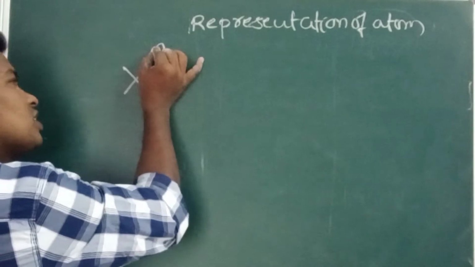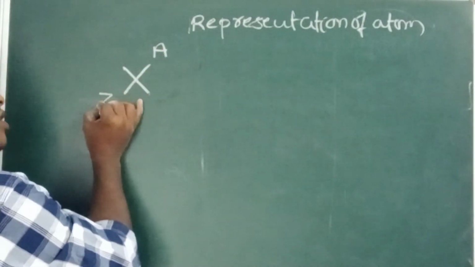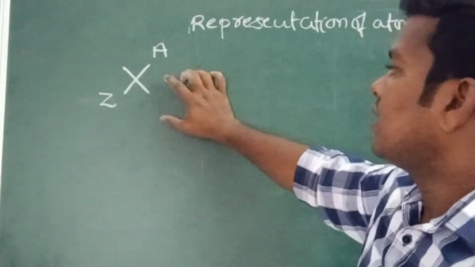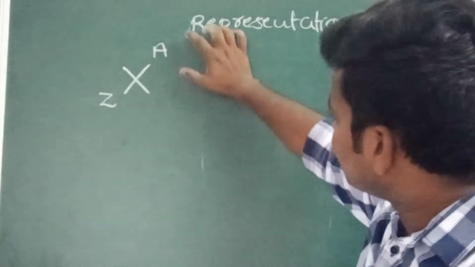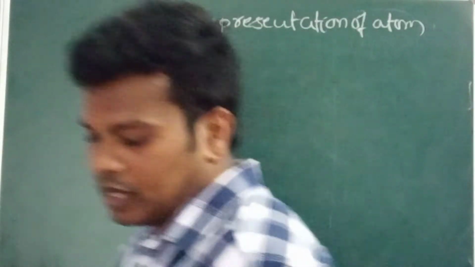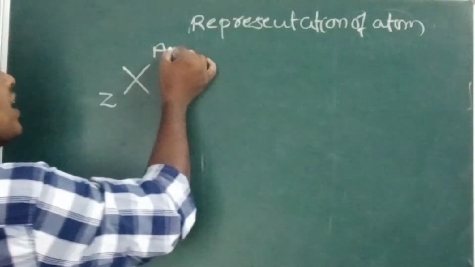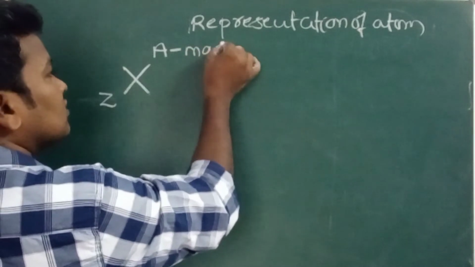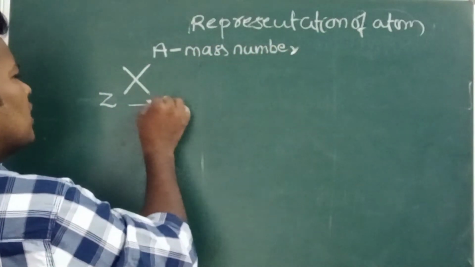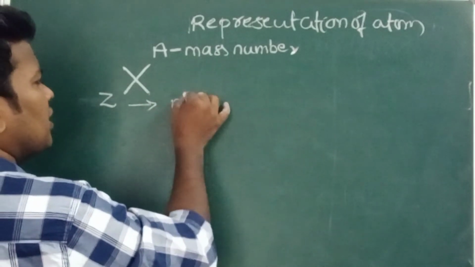We will discuss what the atomic number and mass number are. See here, X is the element, A is the mass number, and Z is the atomic number.